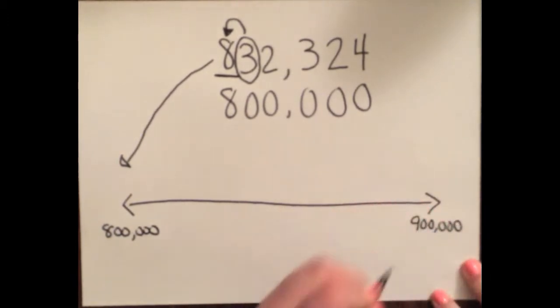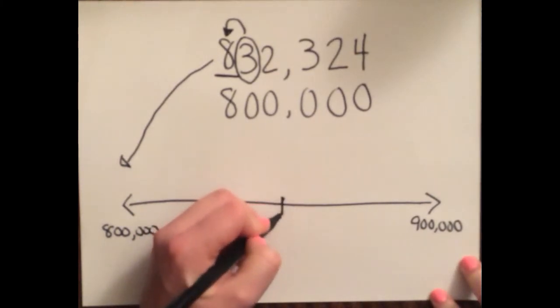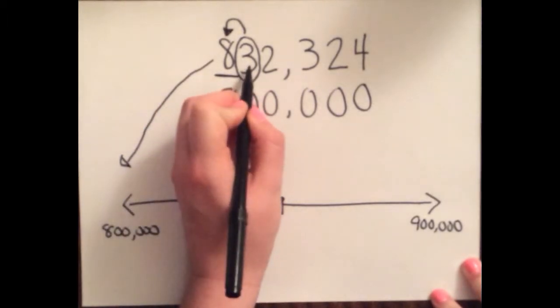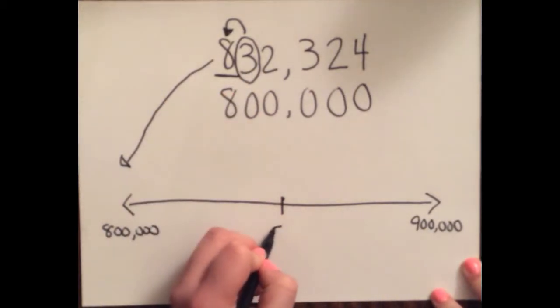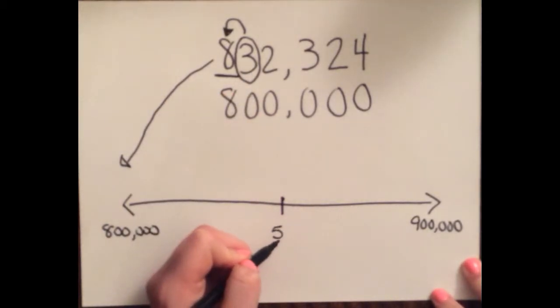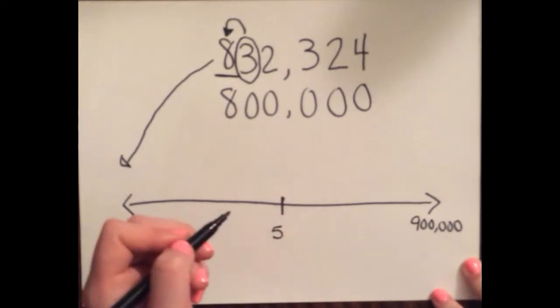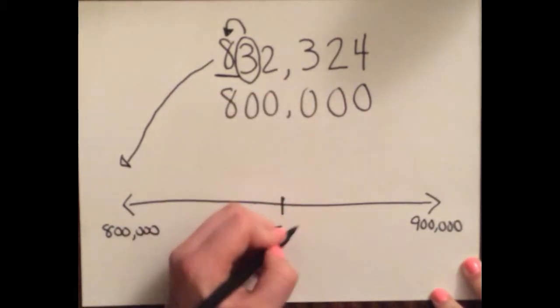So we're going to end our number line at 900,000. Okay, our midpoint right here, we know that because we're rounding to the nearest 100,000, our 5 is going to be in our 10,000s place. So go ahead and write that 5. The numbers on the right, look to the right, add zeros in sight. So that's going to be 1, 2, 3, 4 zeros.